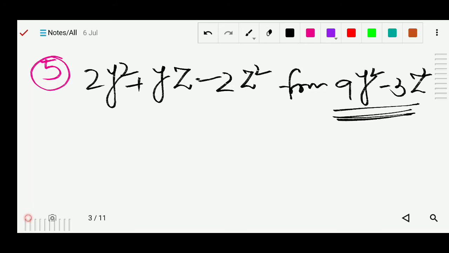So write this minuend part: 9y square minus 3z square.